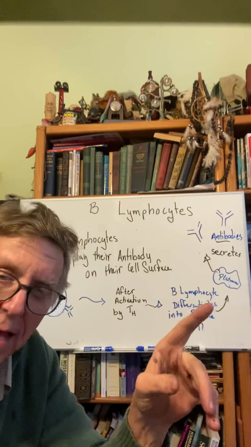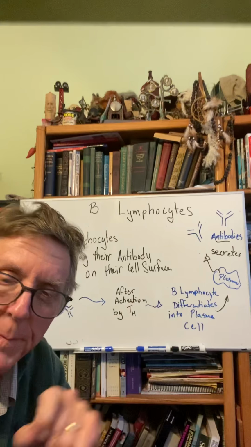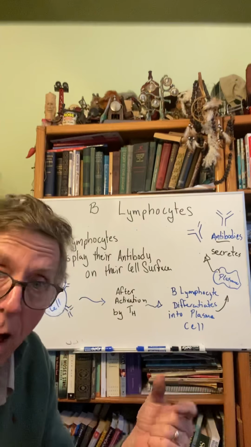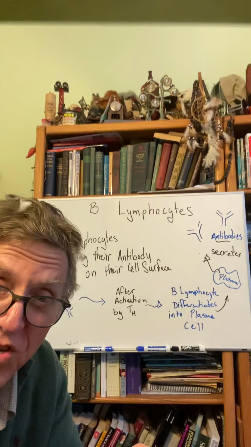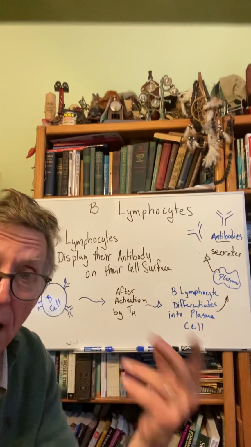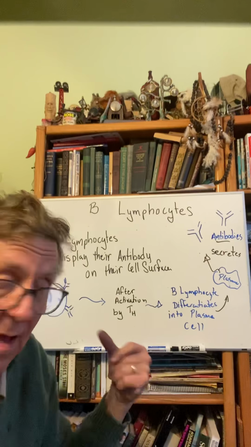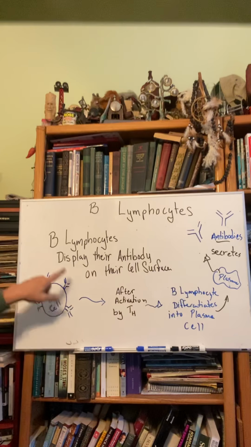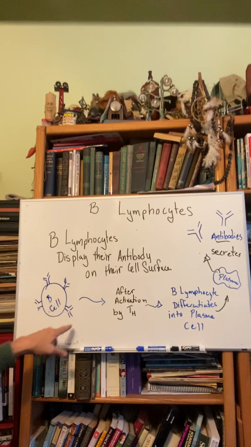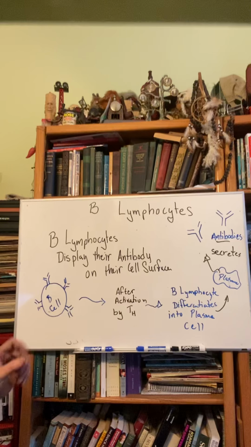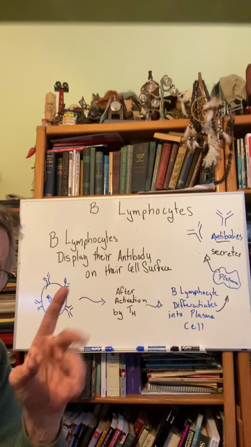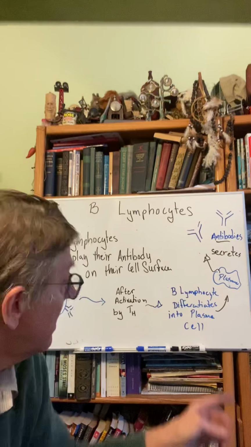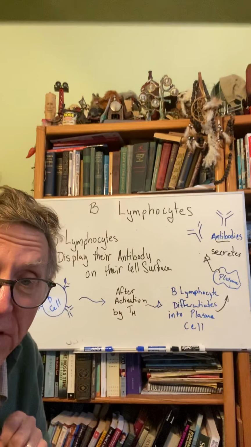And so eventually the helper T cell and the antigen presenting cell find B cells that can bind to that pathogen. And then the helper T cell activates that B cell. So the B cell just shows off its antibody. Then after activation by the helper T cell, it gets transformed into a different kind of cell, something we call a plasma cell.